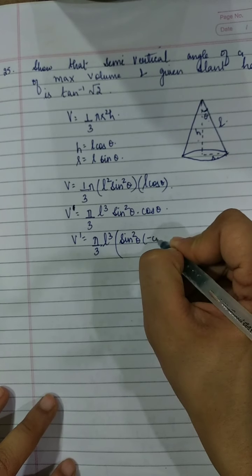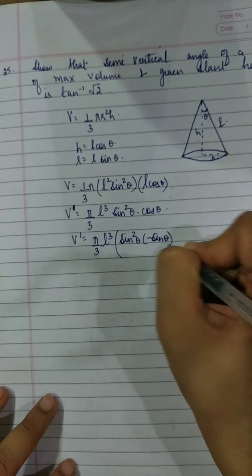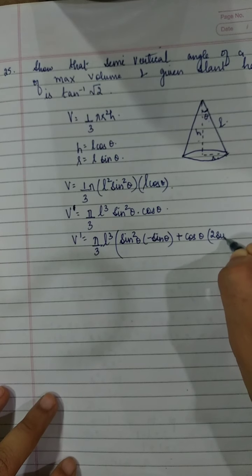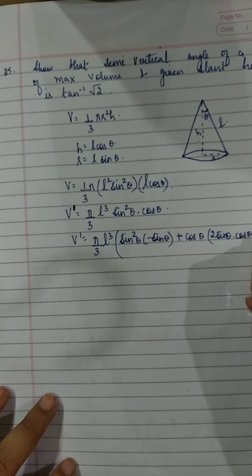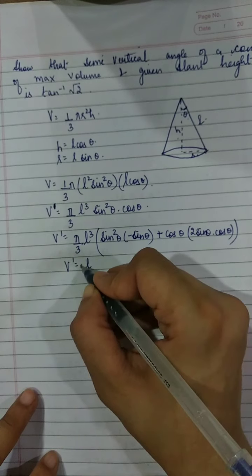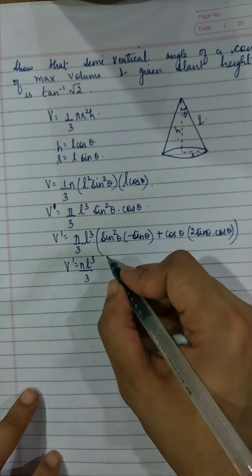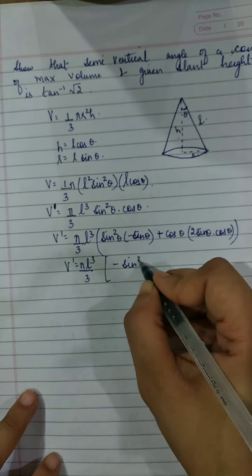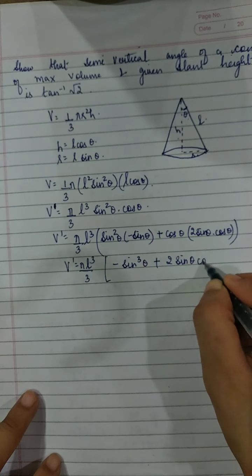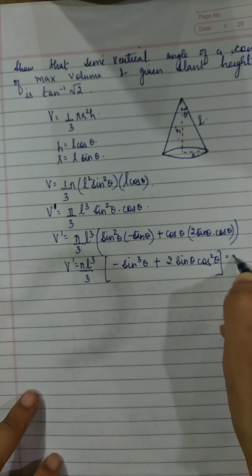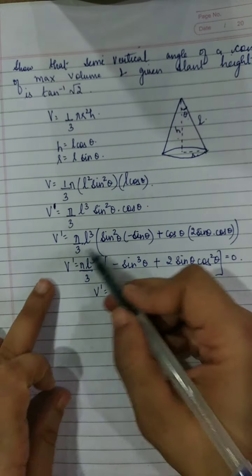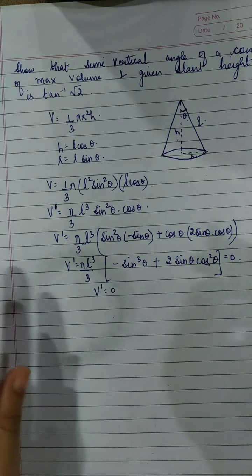Now sine square theta constant. Derivative of cos theta is minus sine theta, plus cos theta constant. Derivative of sine square theta is 2 sine theta into cos theta, right? V dash is equal to pi L cube upon 3 times minus sine cube theta plus 2 sine theta cos square theta, and put this equal to 0. So V dash is equal to 0. This entire constant, when it goes there, cross multiplies, becomes 0.